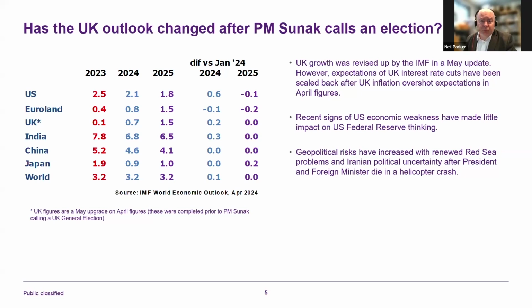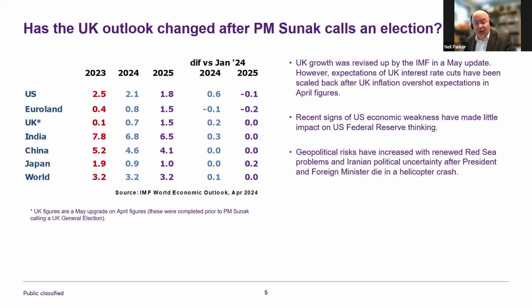That growth that we're seeing in the UK is predominantly, I think, because the numbers that we saw from the first quarter have come in stronger than expected, and that's what's prompted the upgrade to UK growth for 2024. They've left 2025 alone, but you can see versus January at least, the numbers were better, and versus the April figure as well, which is what the UK numbers relate to, there has been that small upgrade to 2024.